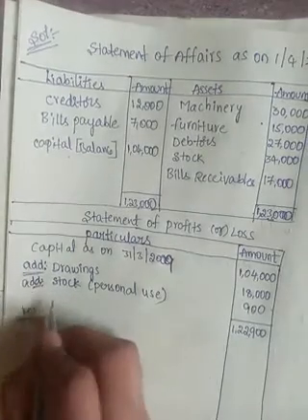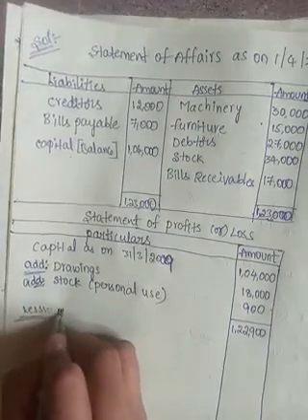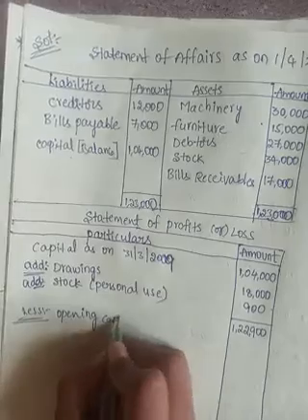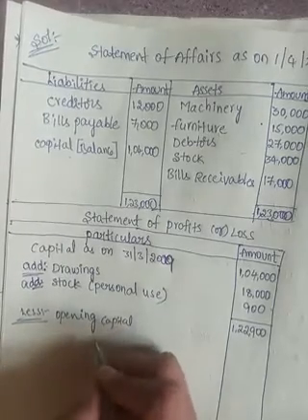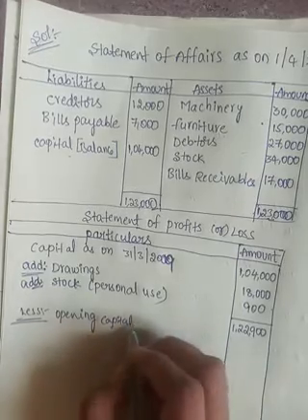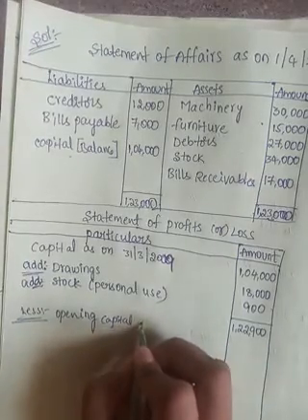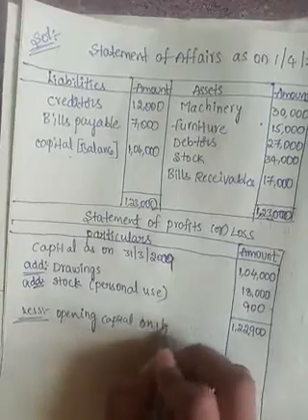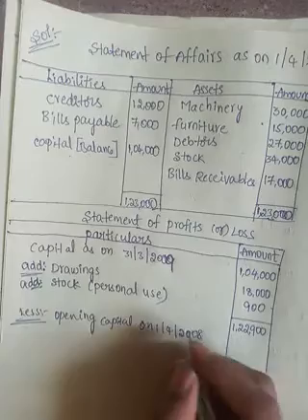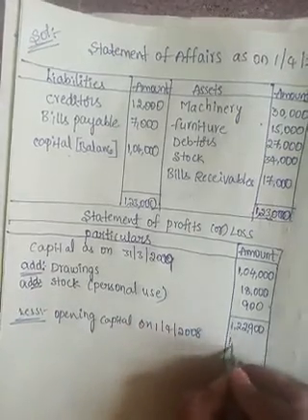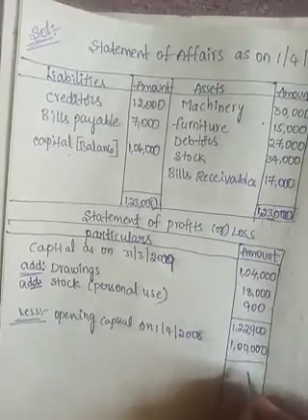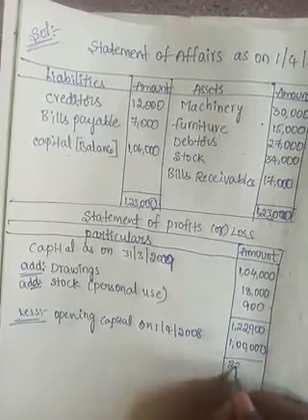The opening capital is given at the start: Sanjay started his business with a capital of rupees 1 lakh. So that is the opening capital on 1/4/2008, 1 lakh. When we deduct this amount, we get 22,900.